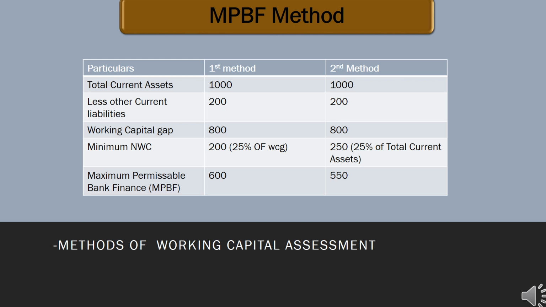Here, as per the first method, the maximum permissible bank finance is 600, whereas in the second method it is 550. Again I am repeating, under the first method it is 25% of the working capital gap, and in the second method it is 25% of current assets.